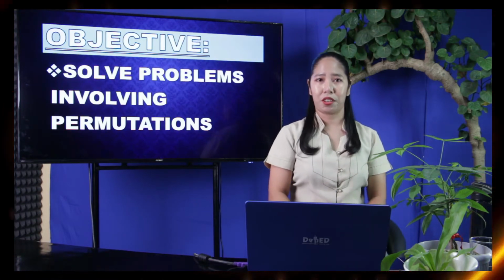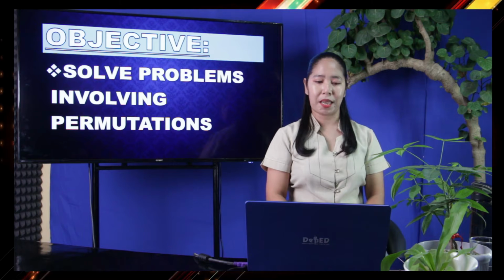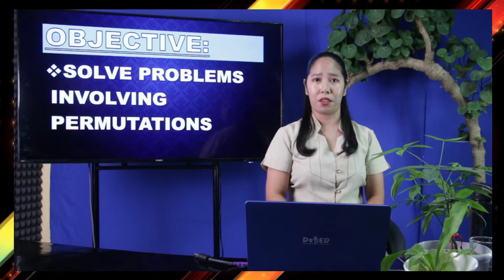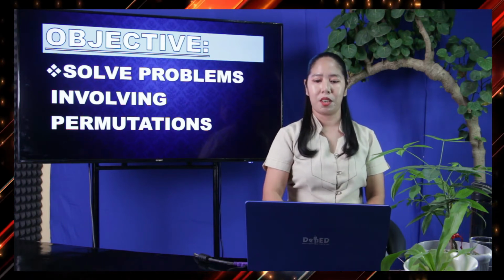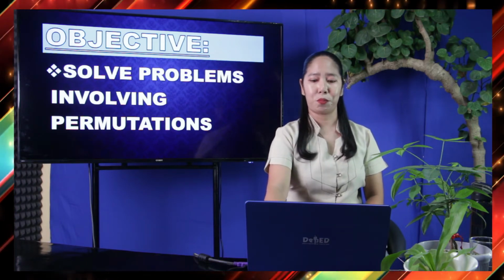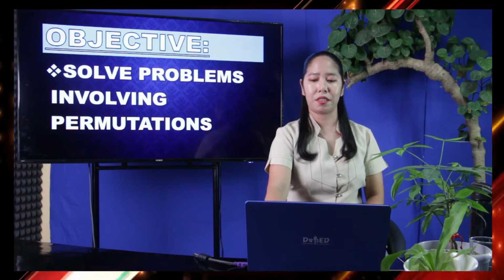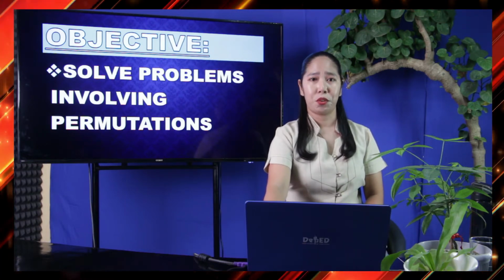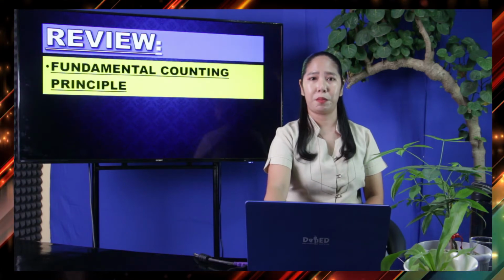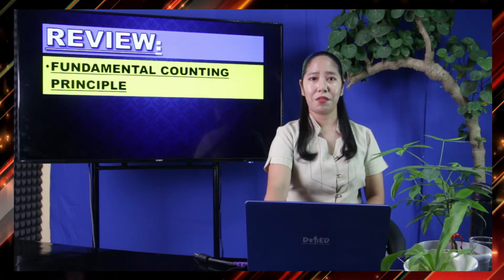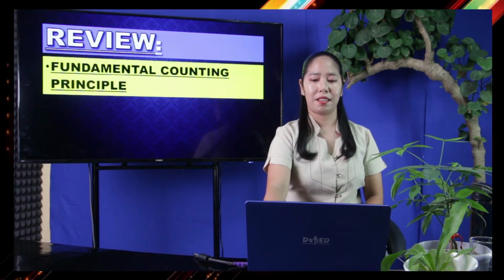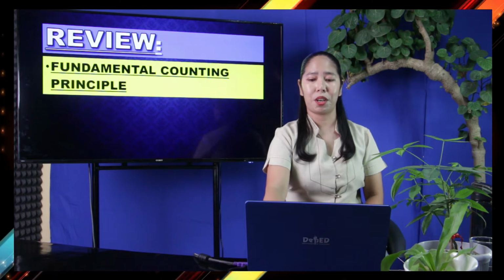Our objective for today's lesson is, at the end of the discussion, the students are expected to solve problems involving permutations. But before we proceed with the lesson proper, let's have first a short review of the topic, Fundamental Counting Principle. In every situation, there is at least one possible outcome.